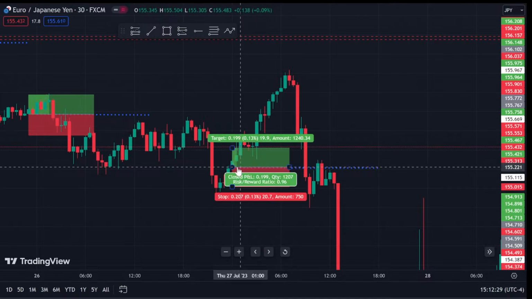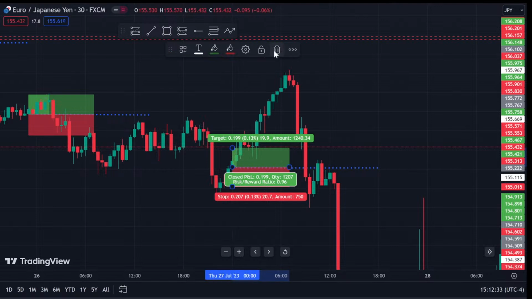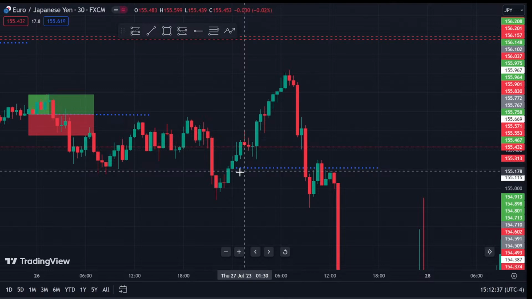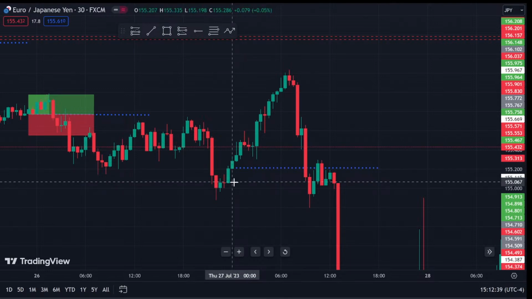Right here, this line that you are seeing is the price when the market opened in New York time. This candlestick opened when the day starts. This is the time when the market opens every day, at 00.